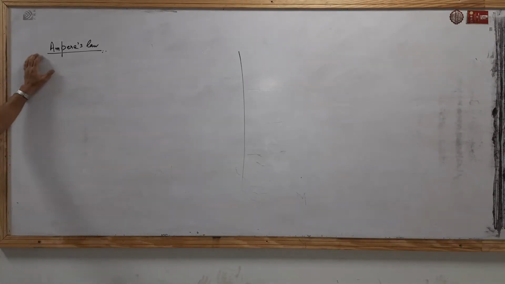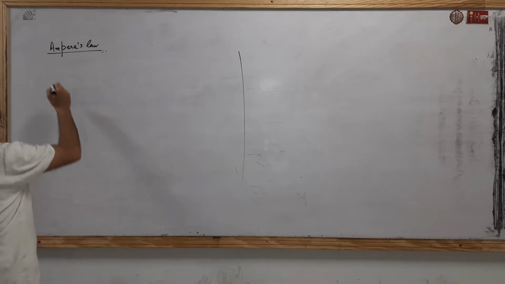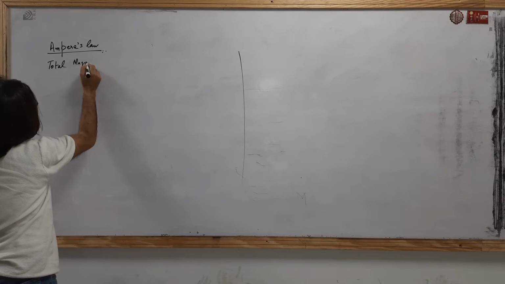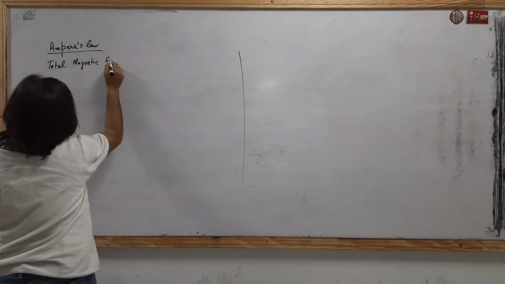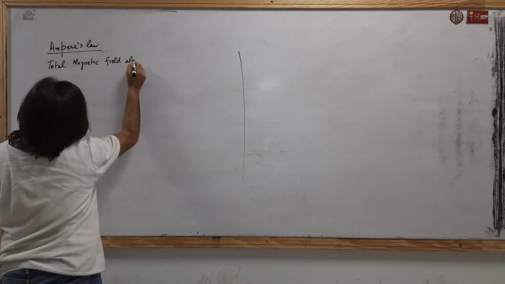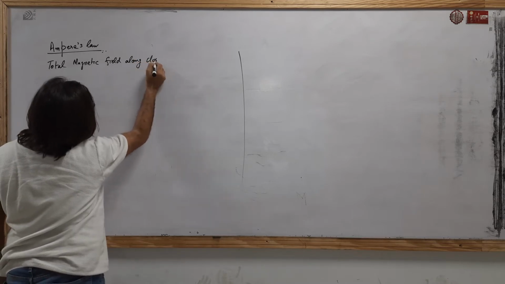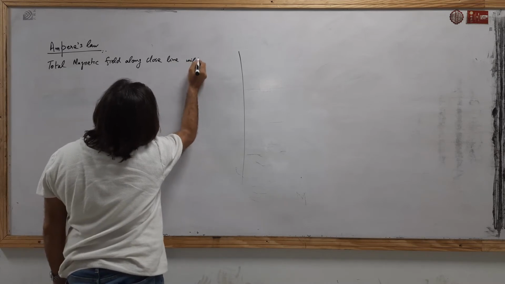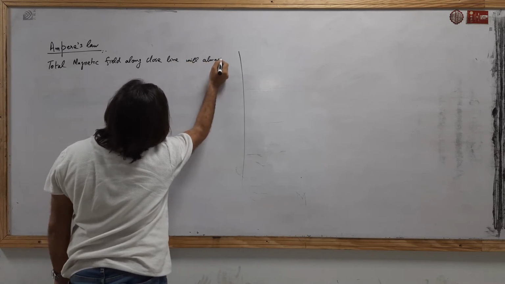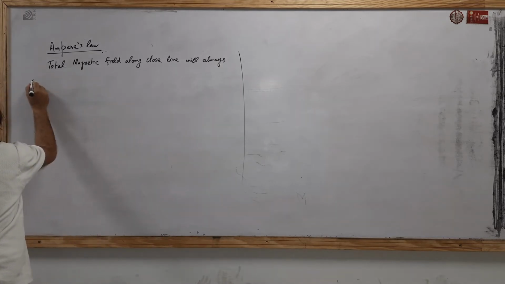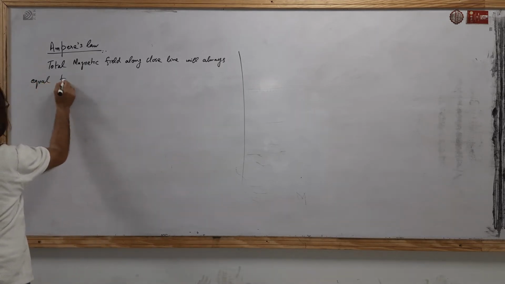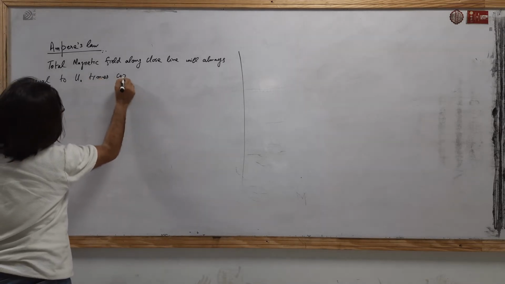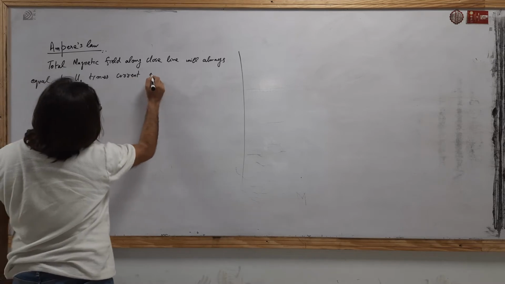Our topic is about Ampere's law. Ampere's law states that the total magnetic field along a closed line will always equal mu naught times the current enclosed.